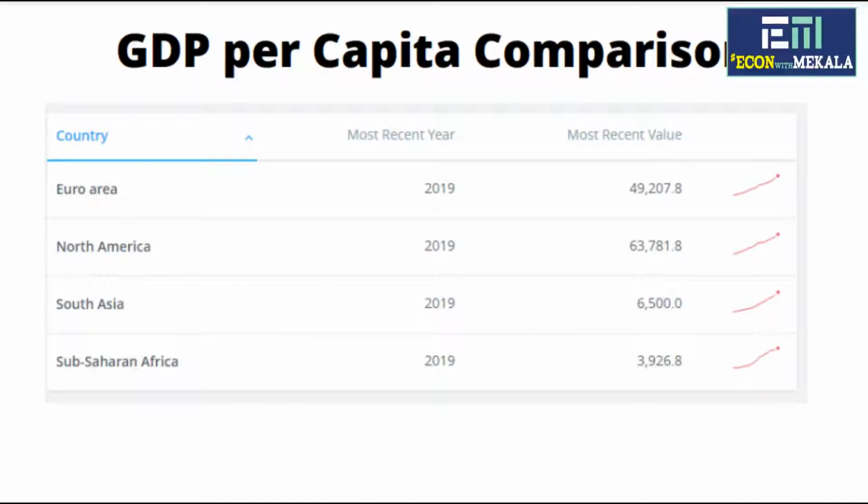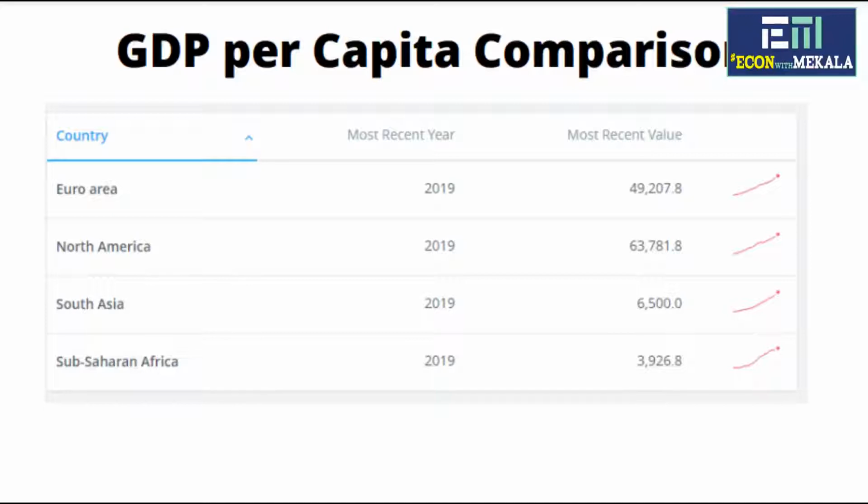For you to understand GDP per capita and to get an idea about how to make a comparison, I gathered some information about GDP per capita in different regions of the world. This information is abstracted from the World Bank website. It is freely available, so if you wish, you can log into the World Bank website and gather this information for free.